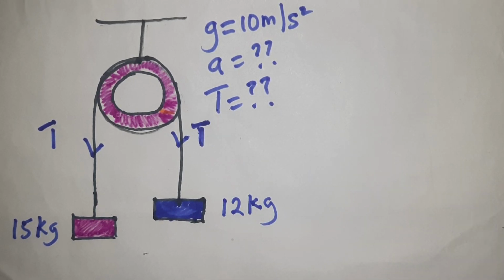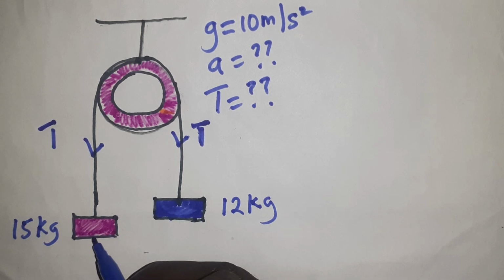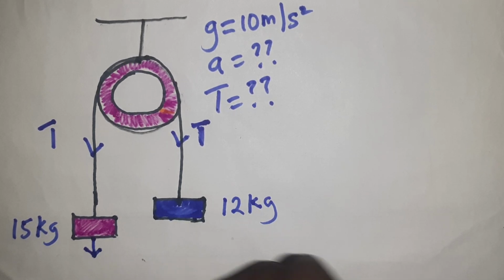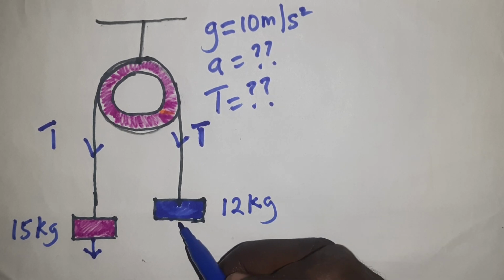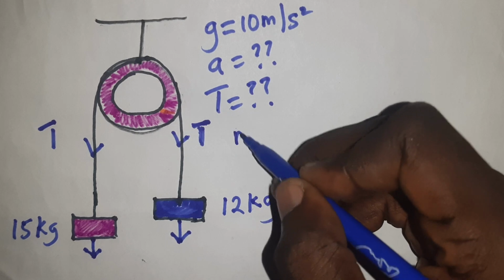That external force will be the force of gravity on these two masses, and it's going to act vertically downwards. So the force of gravity will be pulling this mass down, and again pulling this other mass down. And what's the value of that force? The value is mg.